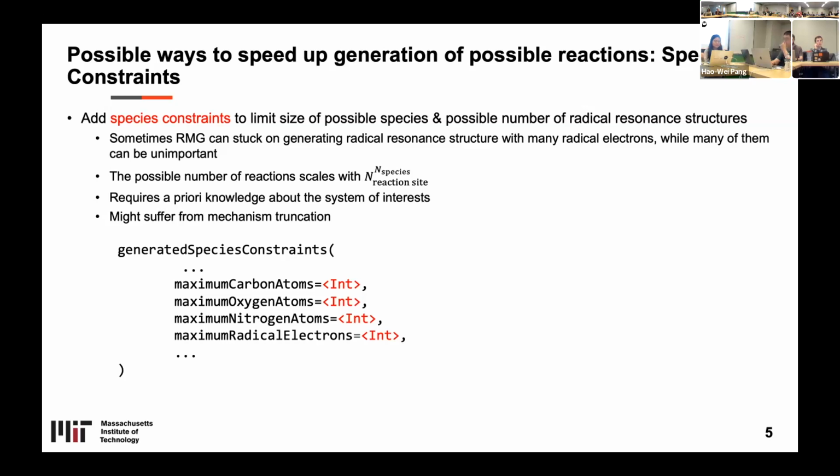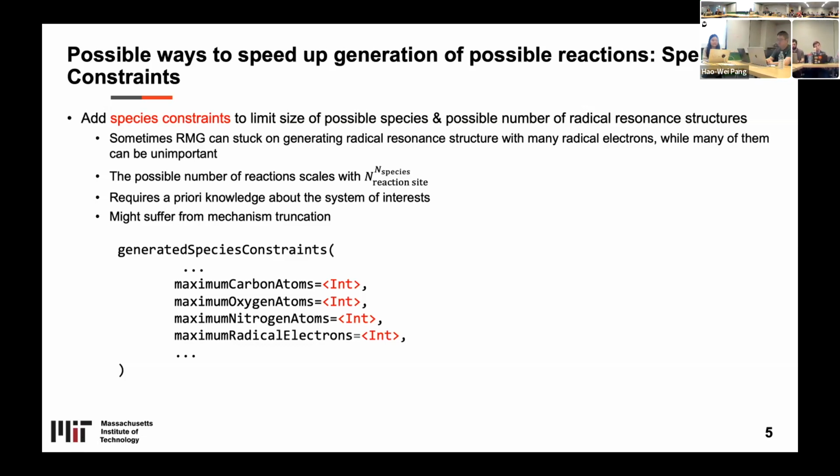With species constraints, you tell RNG what kind of species you allow it to generate. For example, if you already know your system does not consider any biradical reactions, you can tell RNG to only consider species that have one radical, so that it skips the biradical part.